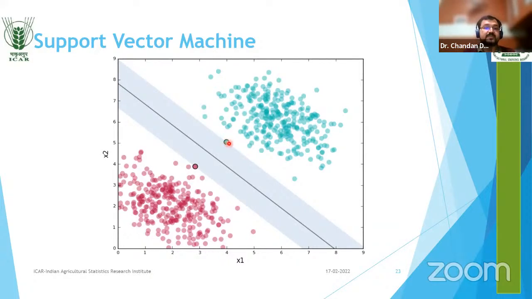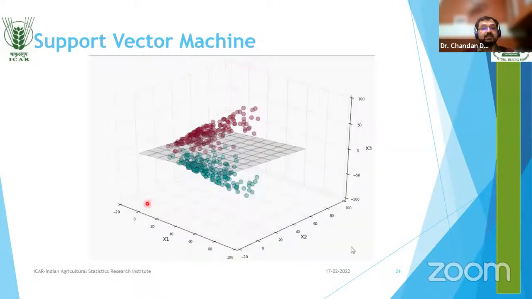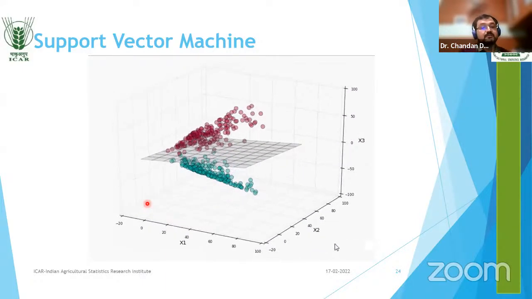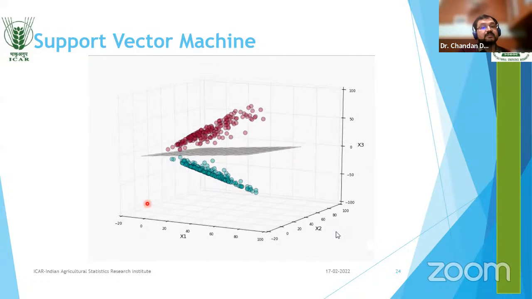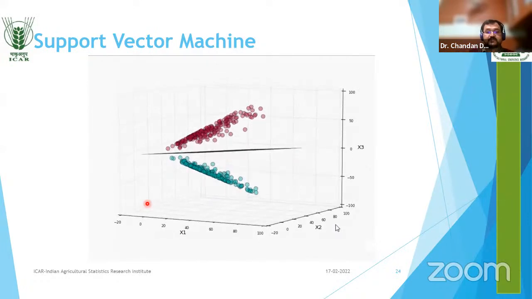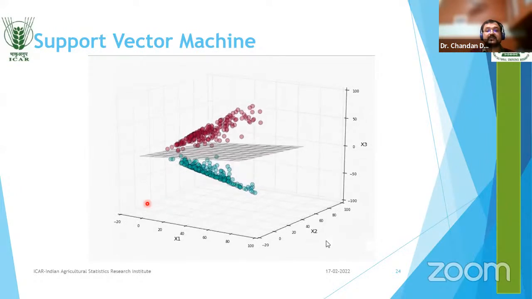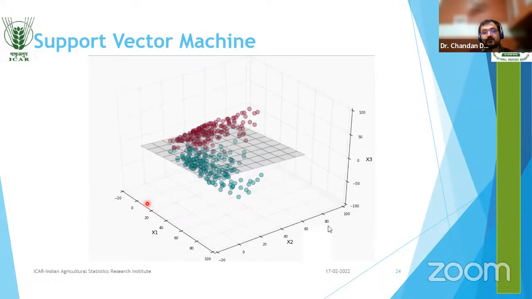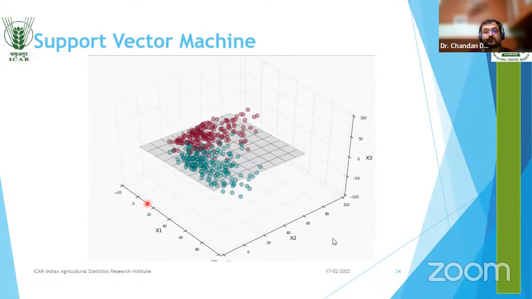Support vector means it is the last object of this particular class, and this is the last object of the red class. If we take this example in three-dimensional space, before that we have seen that a line can separate the two classes. Here one plane can separate the two classes.